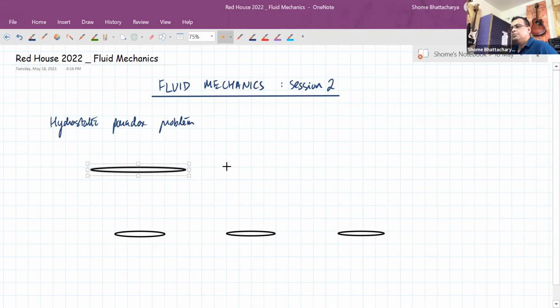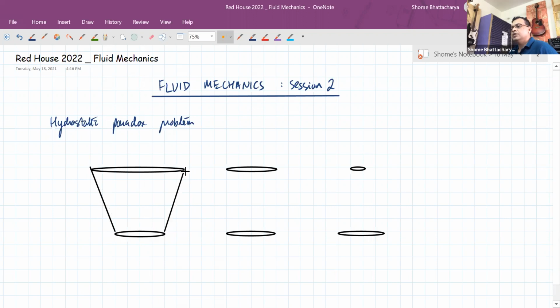The second one is, let's say, a perfect cylinder. And the third one is like a tapering conical vessel, like this. And all three have been filled up to the same level with the same ideal fluid.